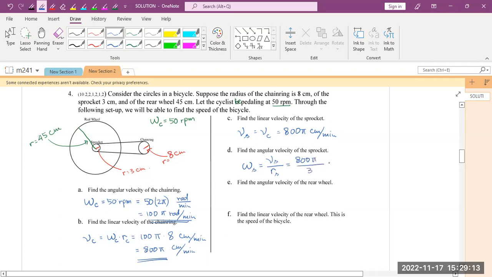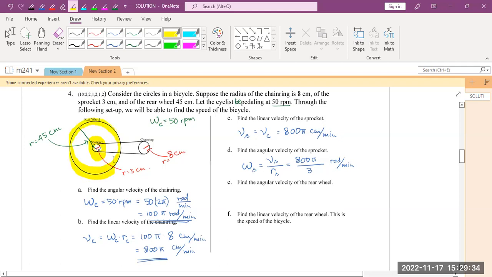This will give us radians per minute. How fast this sprocket is turning is the same as how fast the rear wheel turns.